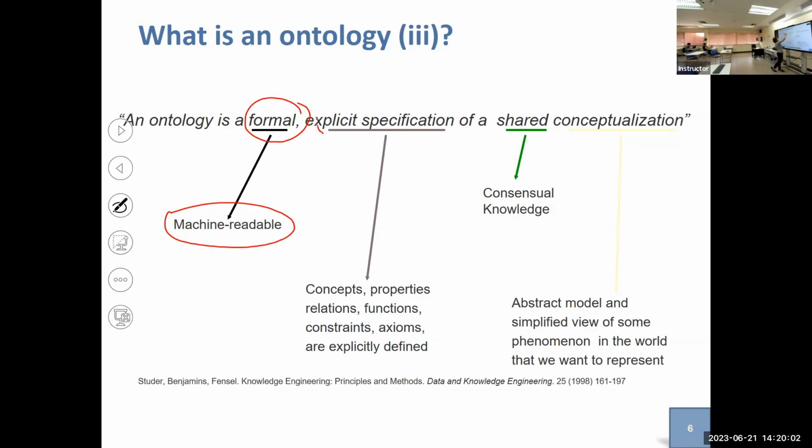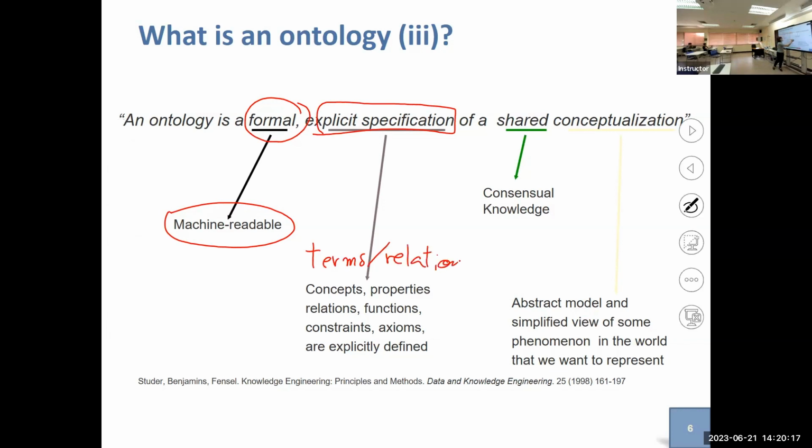It's explicit, and an explicit specification means that you need to make known the terms, right? Remember, we say terms and relations, and to clarify further, it means concepts, properties of concepts, certain relations, even functions, constraints, axioms.